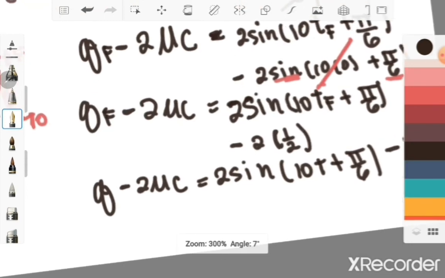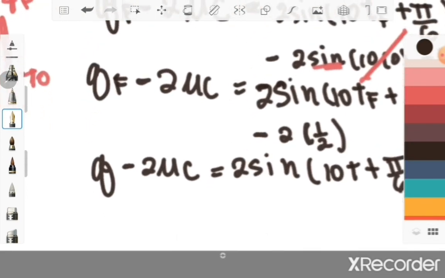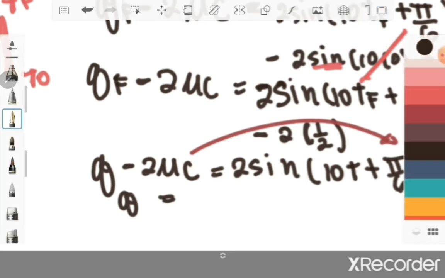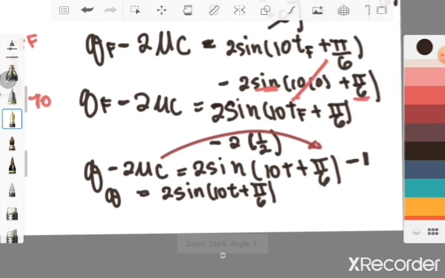Okay? Therefore, I may say that your Q is equal to, transposing this to the other side, we have Q is equal to 2 sine 10t plus pi over 6 plus 1. Take note, the unit of this one is also in microcoulombs. So negative 2 also plus 2 minus 1.